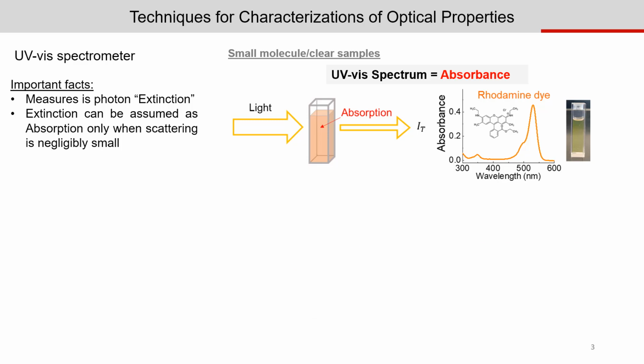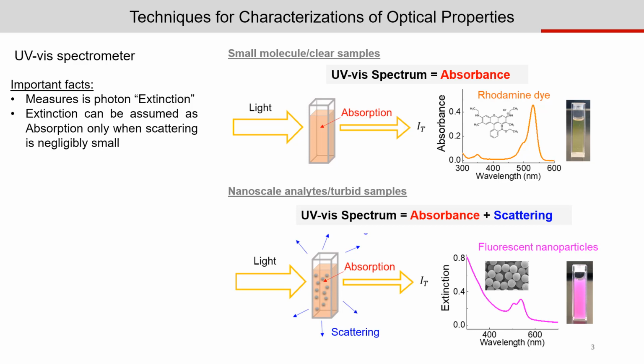However, if the particle size is large, like nanomaterials, aggregates, the light attenuation is caused by absorption as well as scattering. A UV spectrum only tells you the sum of both at each wavelength, but it cannot separate how much is due to scattering and how much is due to absorption.